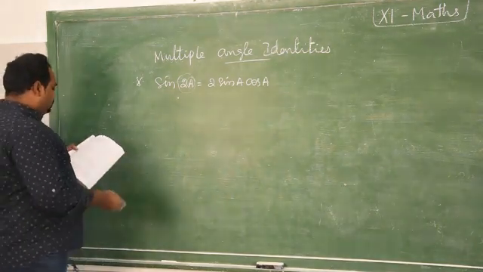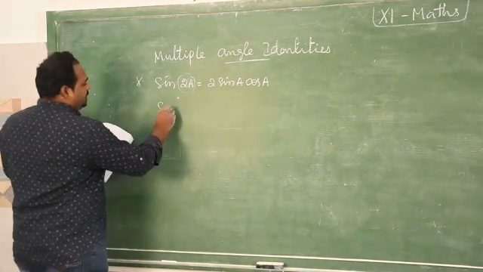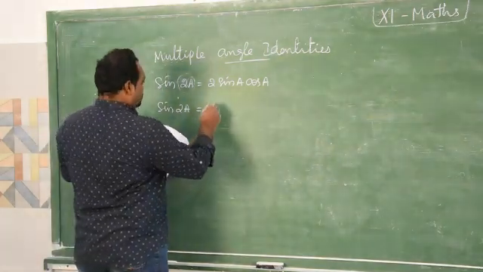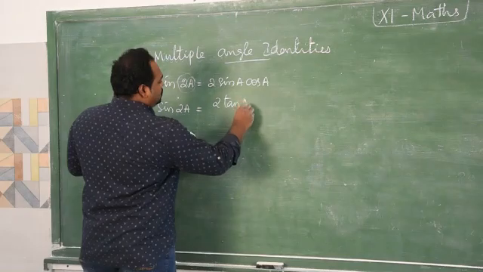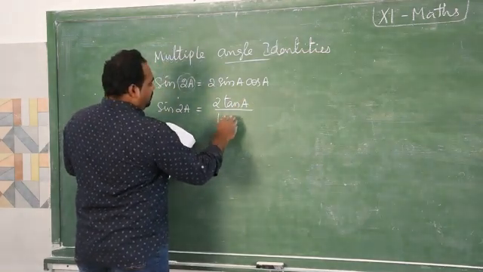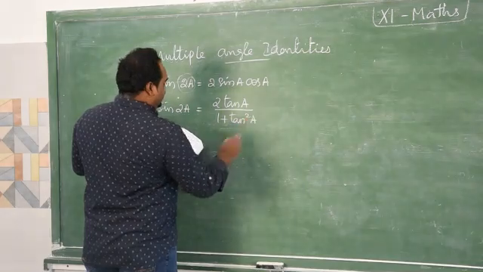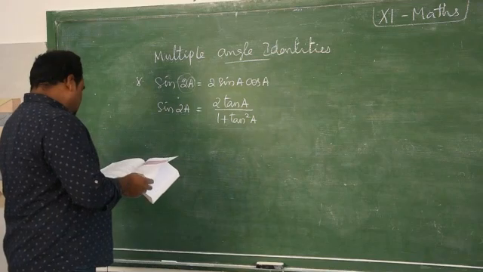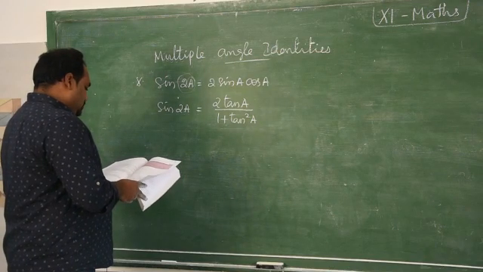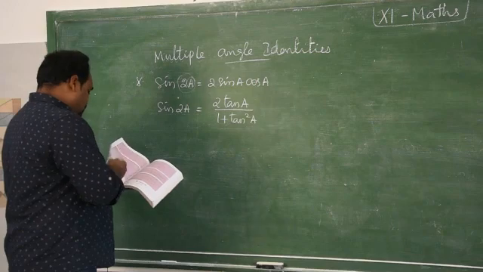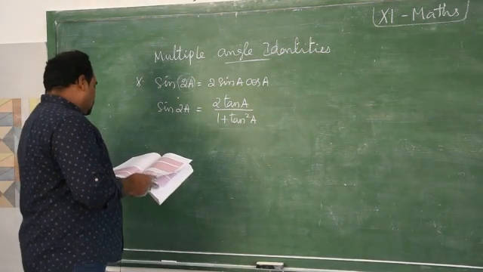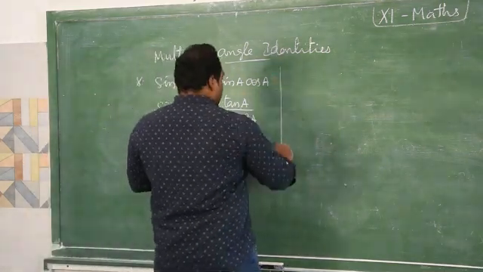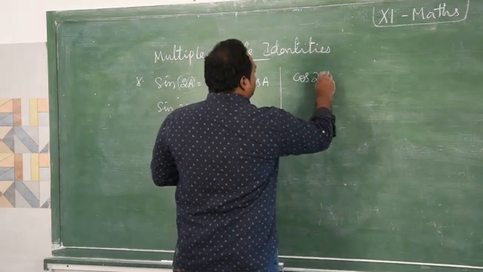We have some more formulas for sin 2A. It can also be written in the form of tan: 2 tan A by 1 plus tan square A. Next, cos 2A.